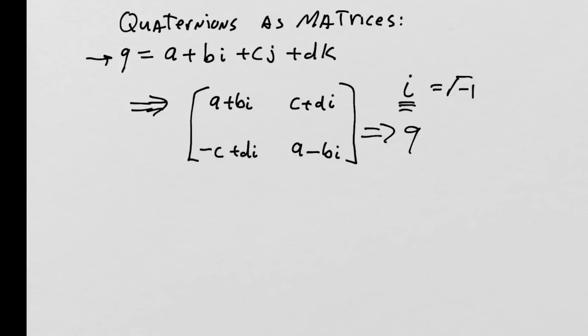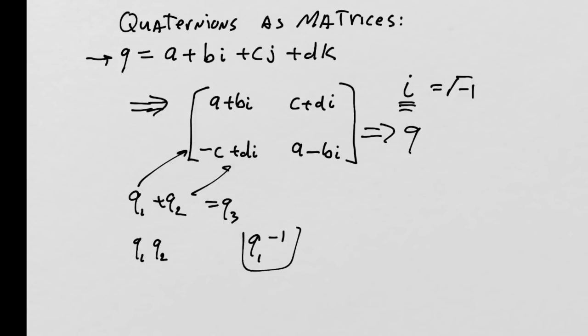Well, the point is if I think of Q in terms of this matrix, then if I take Q1 plus Q2, I just add the corresponding matrices and I will get the matrix for Q3. If I want to multiply Q1 times Q2, I just multiply the corresponding matrices. If I find the inverse of a matrix, I've found the inverse of the associated quaternion.